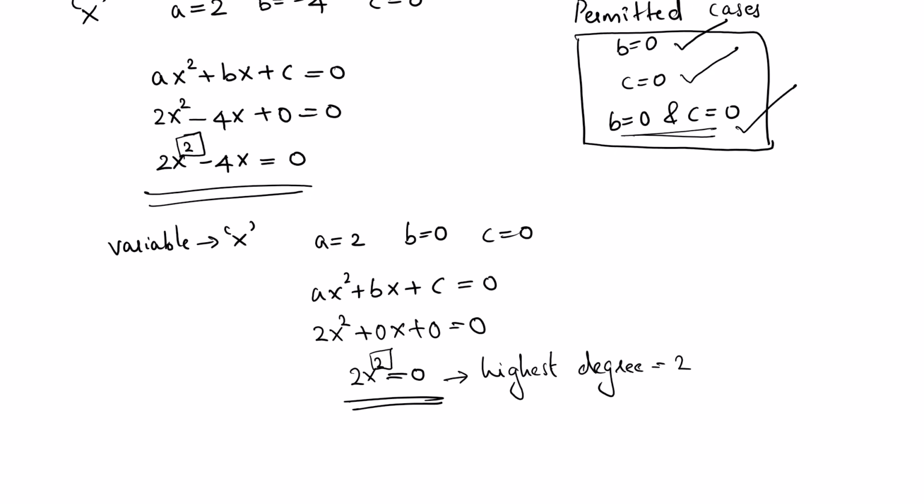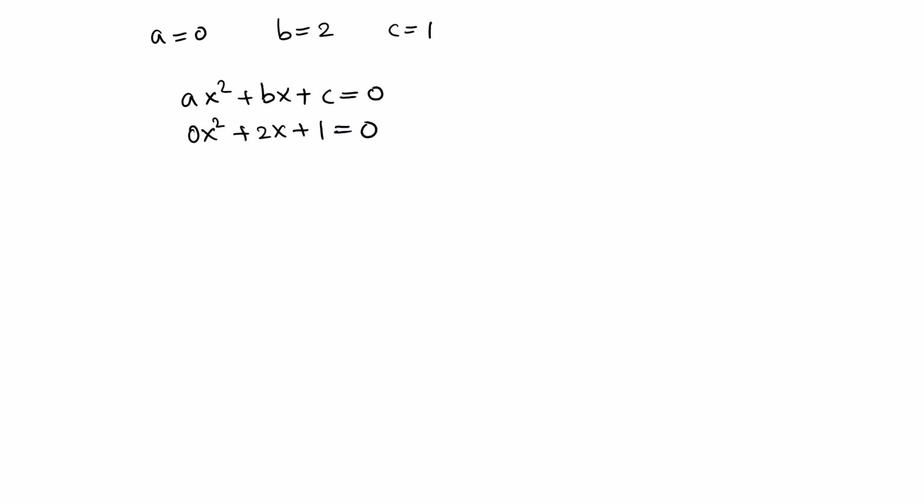Now let's see what happens when a equal to 0, and say we can have b equal to 2 and c equal to 1. Now the standard equation is ax square plus bx plus c equal to 0. So a is 0, right? 0x square plus 2x plus 1 equal to 0. So 0 multiplied by x square is 0. 0 plus 2x is 2x. So the answer becomes 2x plus 1 equal to 0.